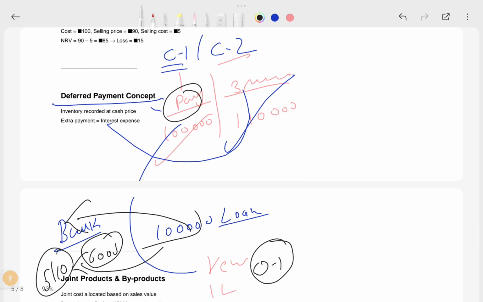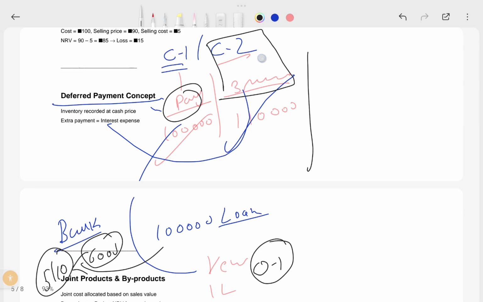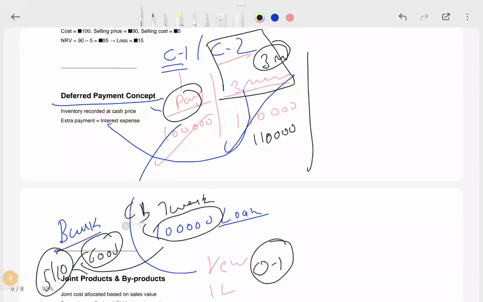Now you go to the second case. In this second case, you didn't go to the bank. You directly go to the vendor and say, I will pay this in 3 months' time. He says, there is this option: if you want to pay in 3 months' time, you need to pay me 1,10,000 after 3 months. Taking a loan from a bank is not easy, because the vendor knows he can give stock and wait for some period, so that I can get the stock without any bank process. For taking a 1 lakh loan from a bank, we need to wait 1 week minimum, with a lot of CIBIL checks and everything.